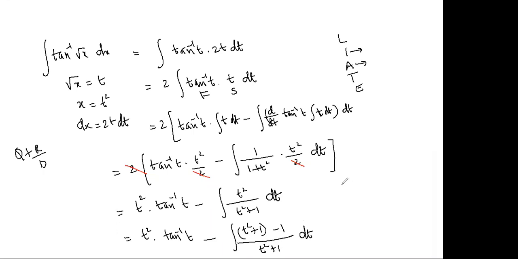So now I will write it over here. I'll change the color. So this became t square tan inverse t minus, when you separate this, 1 upon t square plus 1.